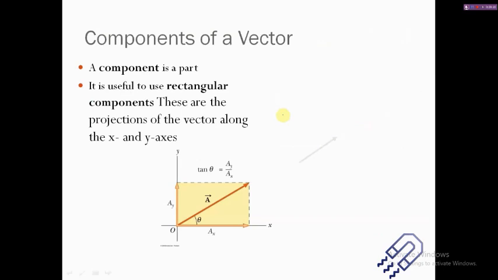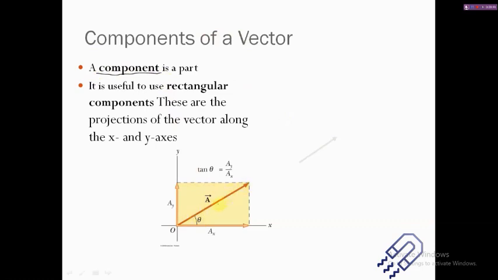But before that, something very important is the component of a vector. In general, when we say component, it means a part, correct? So what I mean by component here is that I have a vector A which is moving at a certain angle theta along the x-axis.